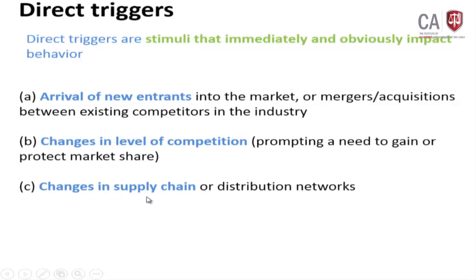Changes in supply chain or distribution network. So, the distributor network will be a new direct trigger, because you know that in order to join the e-business industry, you must have a proper channel of distribution, a supply chain.